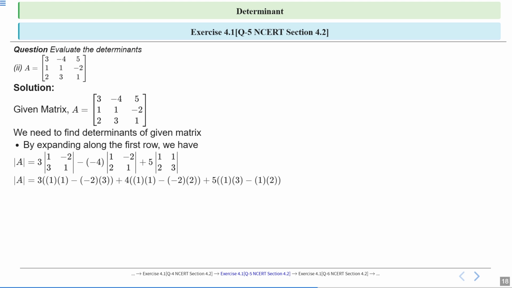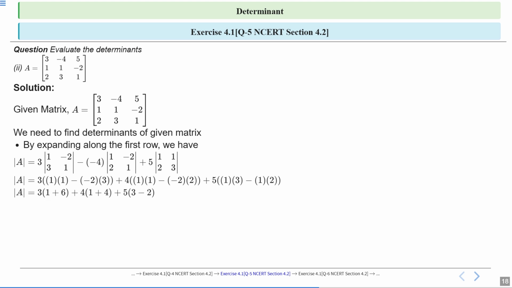So apply the formula for calculating the determinant of a second order matrix. We get 3 into 1 into 1 minus 2 into 3, plus minus minus plus 4, then diagonal element 1 into 1 minus 2 into 2, plus 5, 1 into 3 minus 1 into 2.